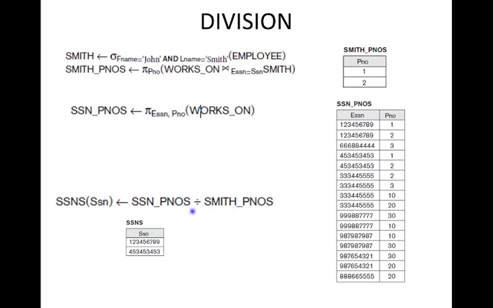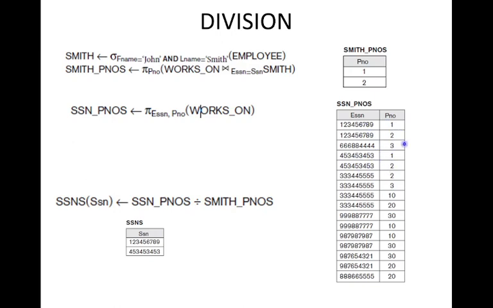So for that we use this division operation. It is done like this. What we have done is actually dividing this relation by this relation. What we are trying to do is find the employees on projects 1 and 2. This employee is working on both 1 and 2, and similarly 4353 is working on these two.